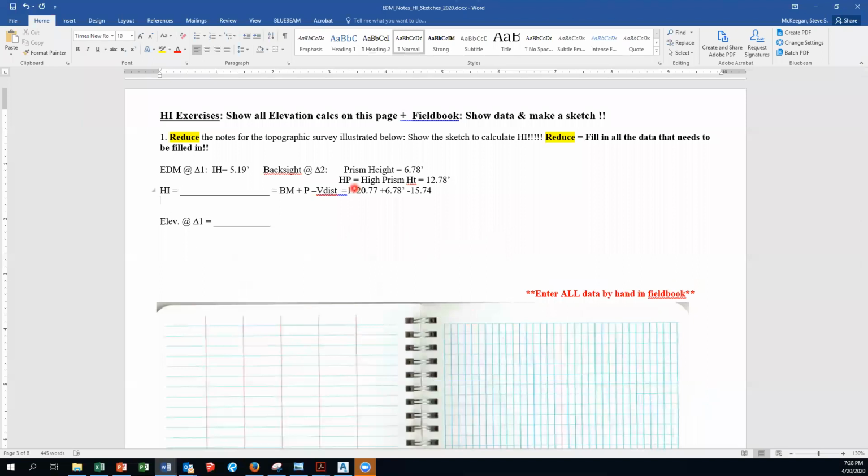If you run those numbers, 1720.77 plus 6.78 minus 15.74, it's 1711.81.